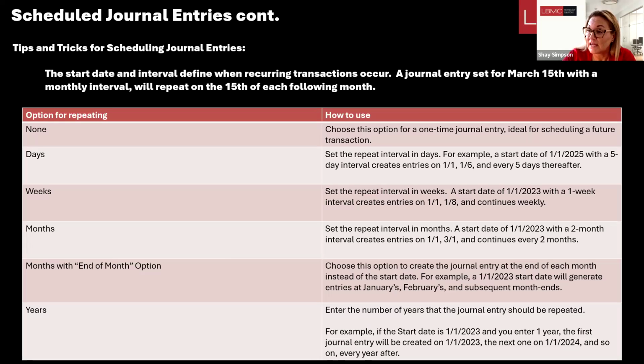For example, if we set it to start on 1/1, that's the start date, but it is going to generate at the end of the month. It's not going to create that journal entry until 1/31. Or we can do years. You put in the number of years and it can repeat on an annual basis.